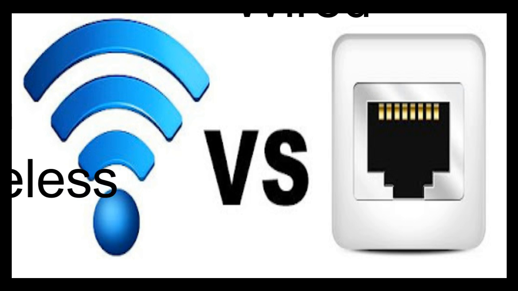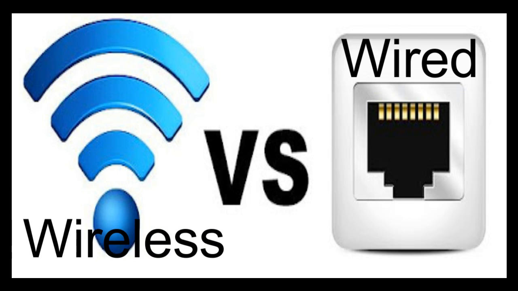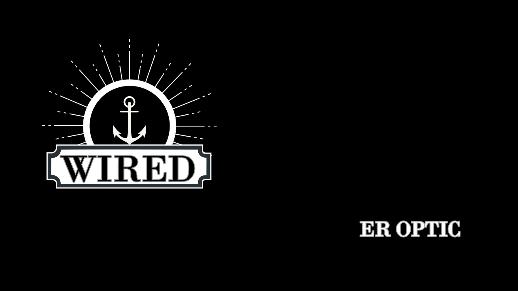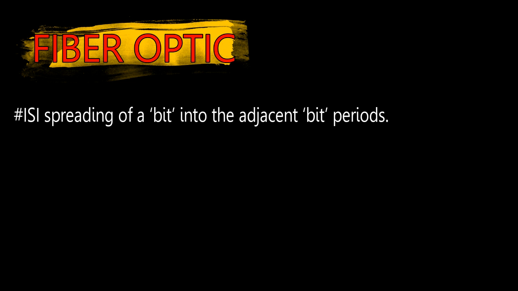When and where can it be found? It can be found in wired and wireless communication. In wired systems, ISI happens in fiber optics. Intersymbol interference, or ISI, is the spreading of a bit into adjacent bit periods.